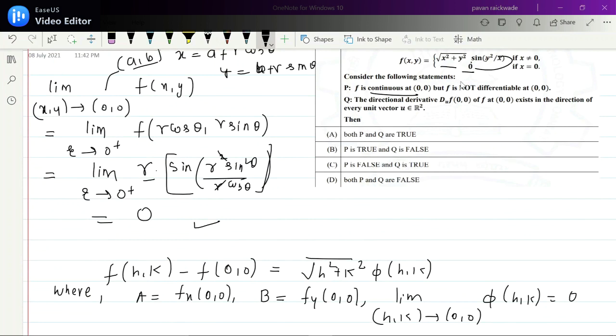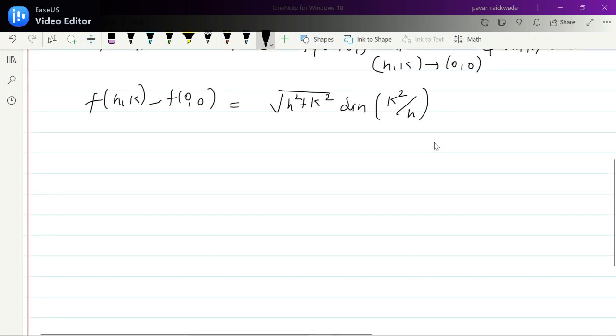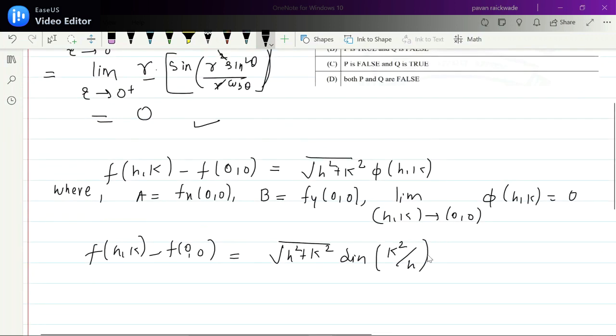Minus f of 0 0 is by definition 0. So we are sort of in this form, right? Square root of h square plus k square into this is phi of hk.